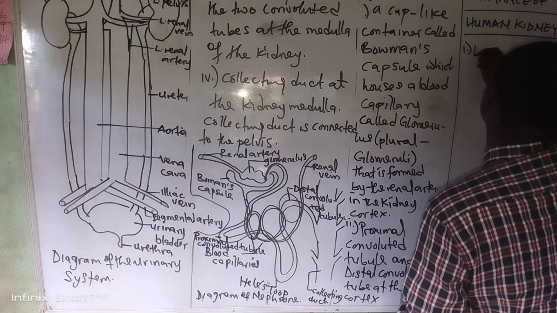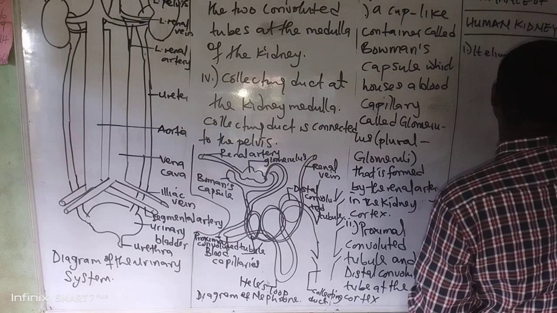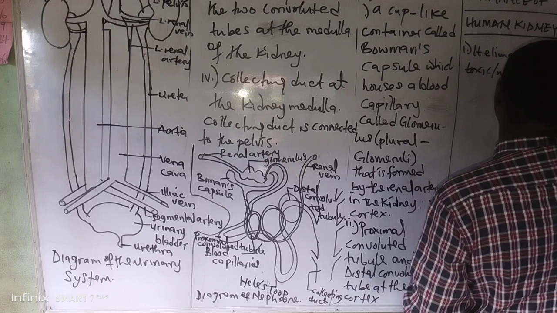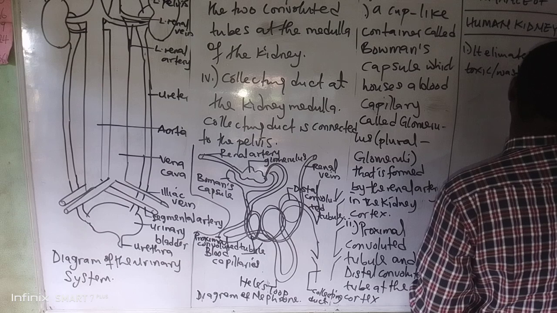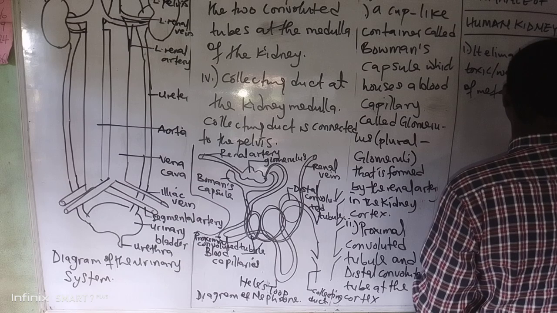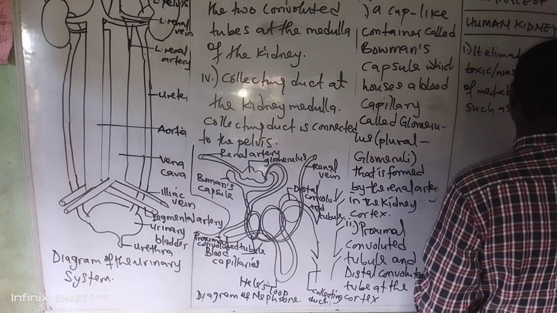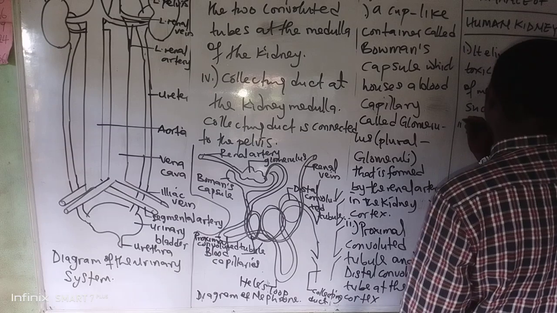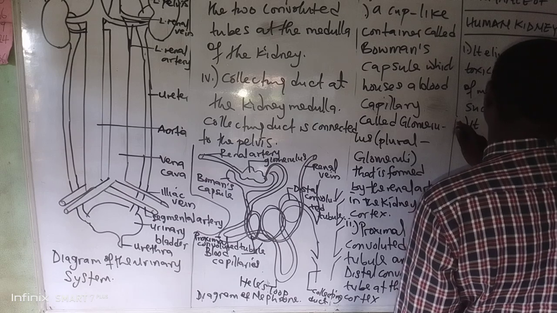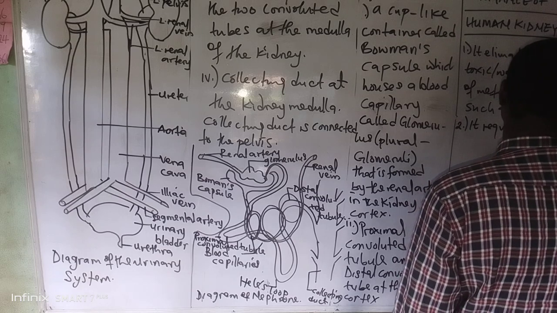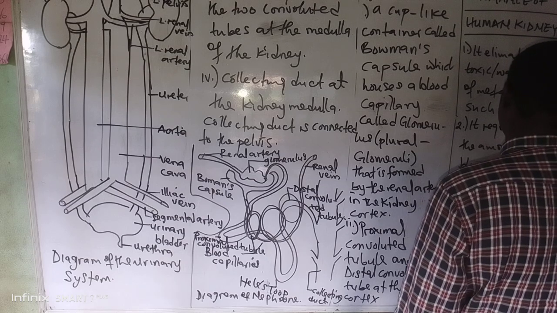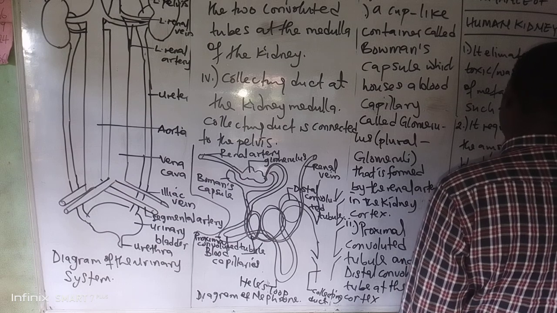Number one, it eliminates toxic or waste products of metabolism, such as urea, an integral component of your urine. Another thing it does is that it regulates the amount of blood ions.